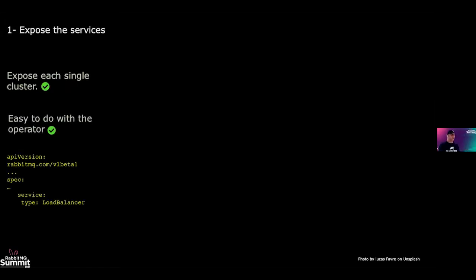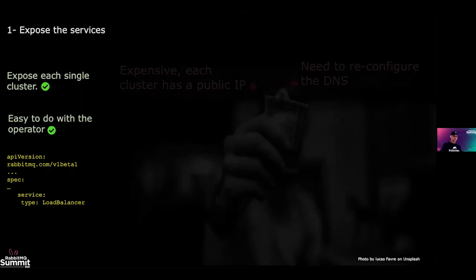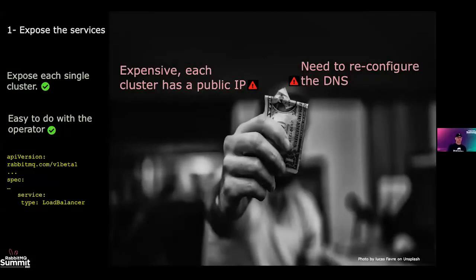Let's see in detail. When we use the first solution, it's extremely easy to do, especially if you use the RabbitMQ cluster operator. I really suggest using it if you are using RabbitMQ in Kubernetes. But there are some cons. It can be expensive because you need one public IP for each cluster. Maybe if you have more clusters, you need more public IPs.